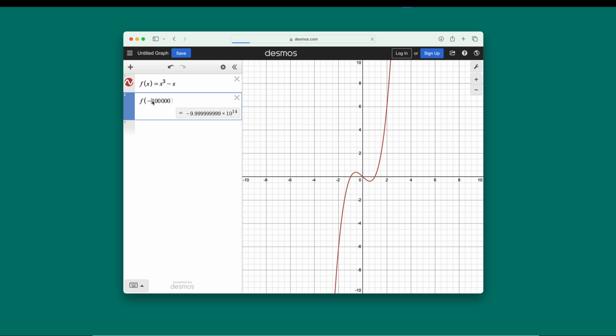If you do the same thing for positive x values, for inputs that are pretty big as well, it's going to positive infinity. The y values are shooting up all the way to positive infinity and shooting all the way down to negative infinity.